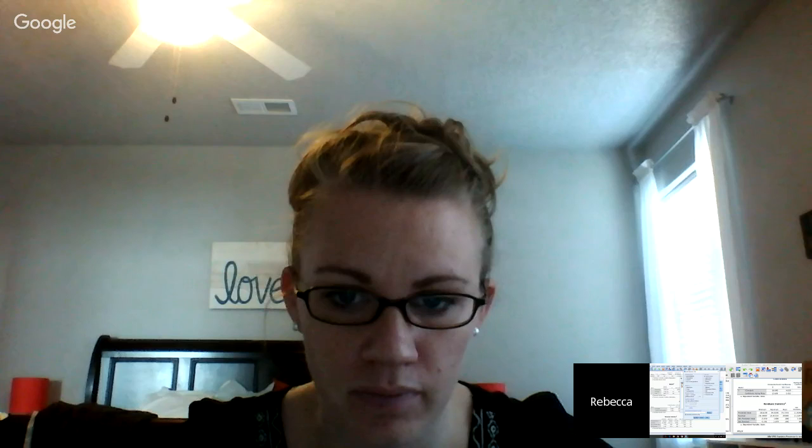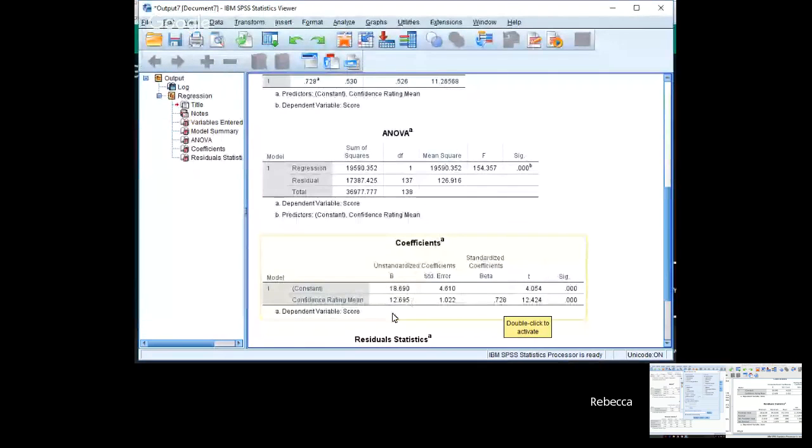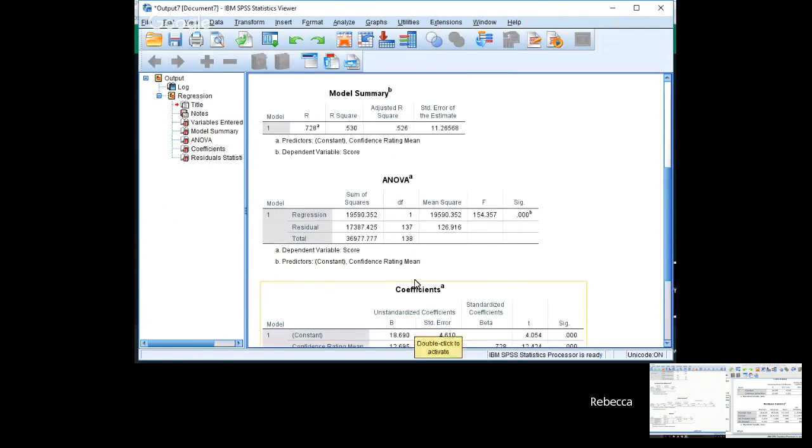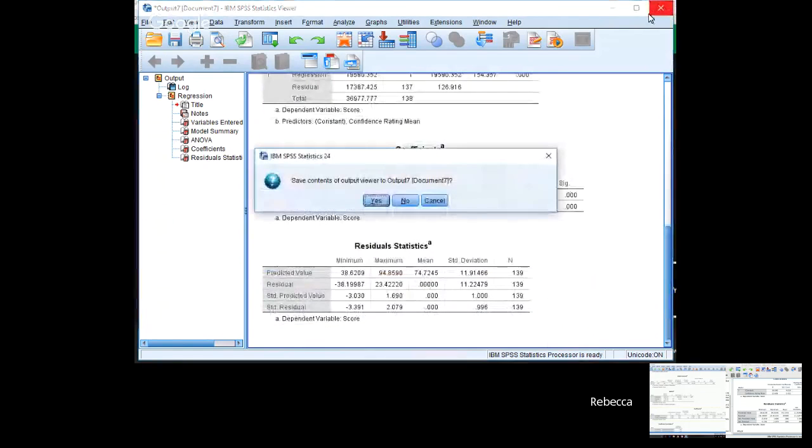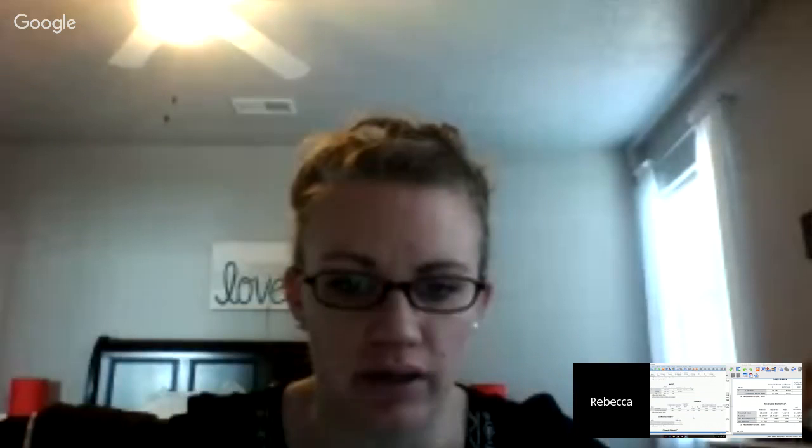Okay, here's my output. So is it predict values then of unstandardized? I may have put mine in backward again. Okay, hold on.